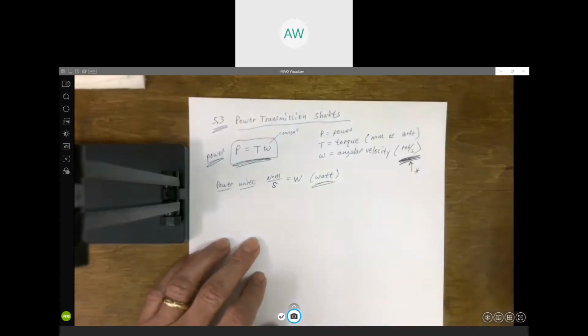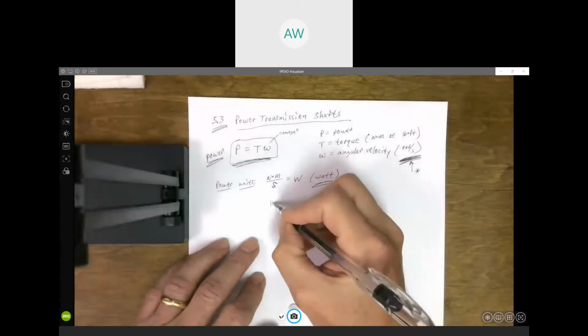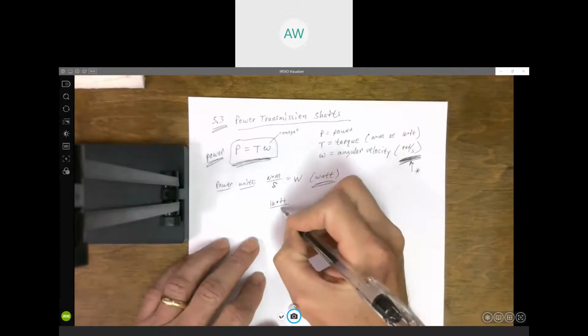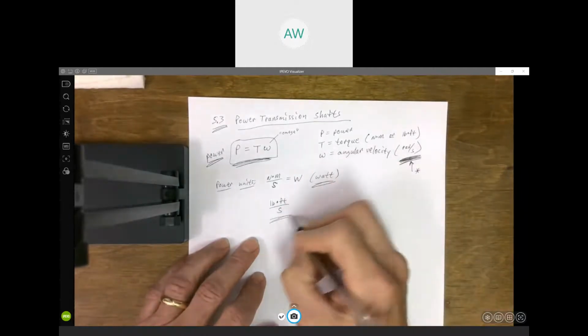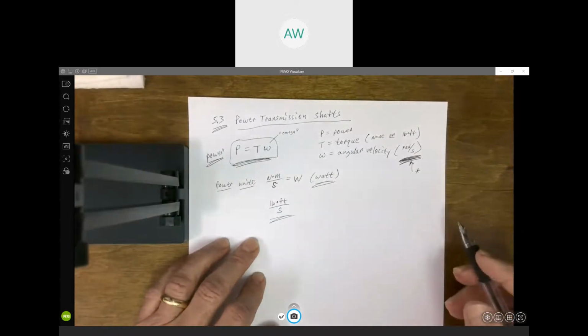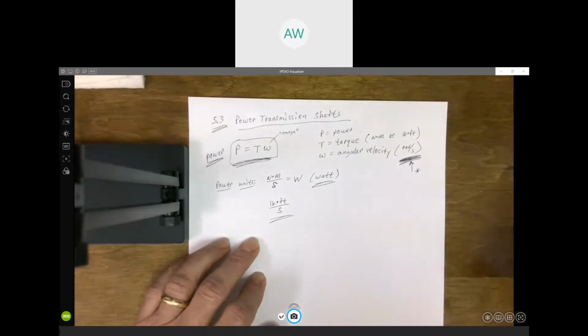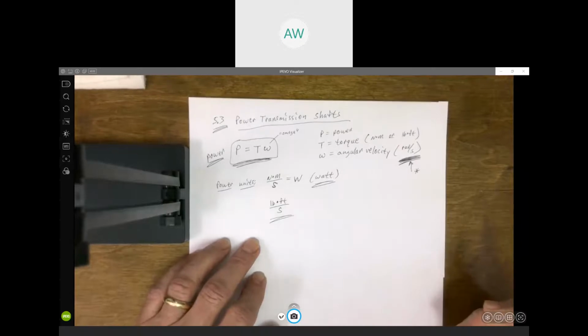Now, in English units, sometimes the English units do strange things, but if you're doing English units, you're going to get pound feet per second. But you almost never see power given in foot pounds per second in English units. Somebody think of one. What do you typically use for power if you're doing English units? Somebody other than Kaylee, she did the watts.